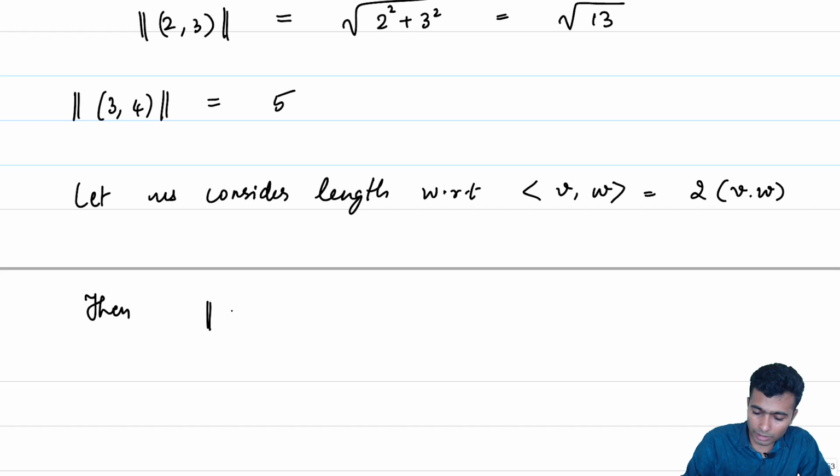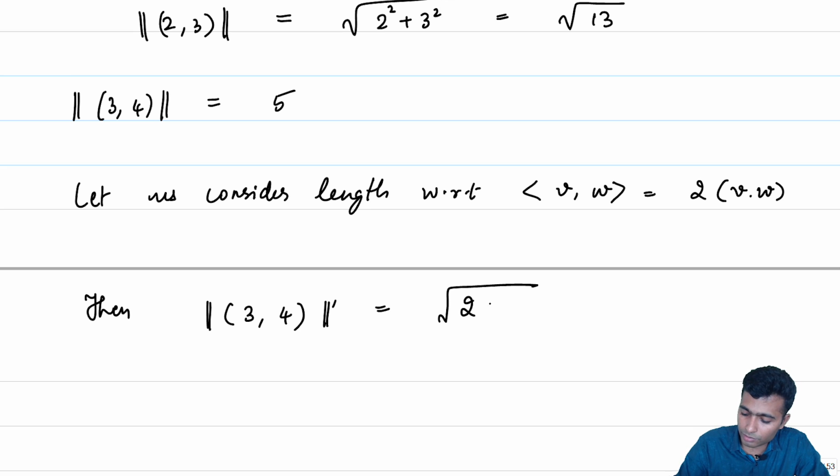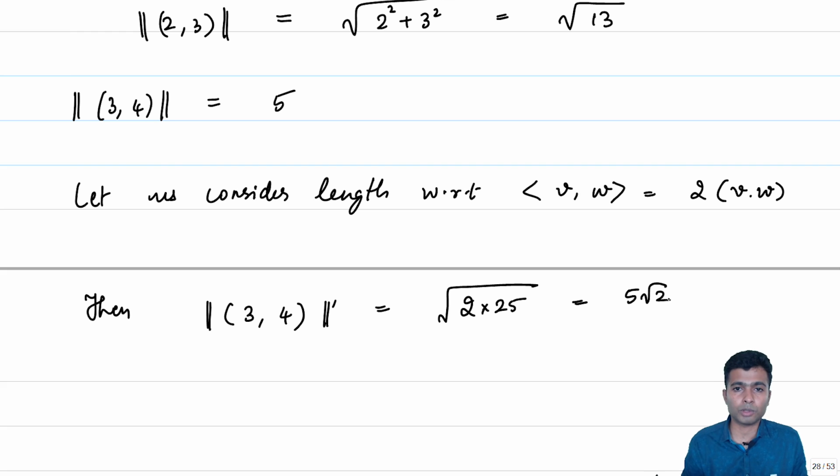What is the length of (3, 4)? Let's put a prime here to denote that this is with respect to the non-standard inner product. So this is just going to be equal to the square root of 2 times 25, which is equal to 5 root 2, which is not the same as the length that you obtain when you consider the length as defined using the standard inner product.